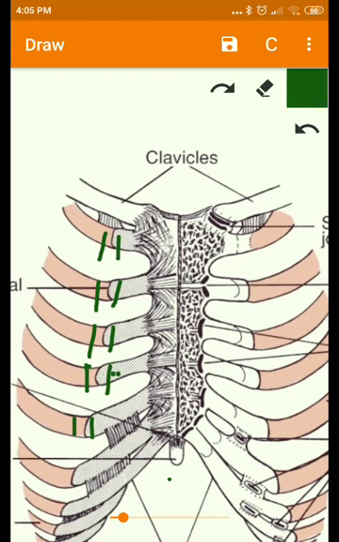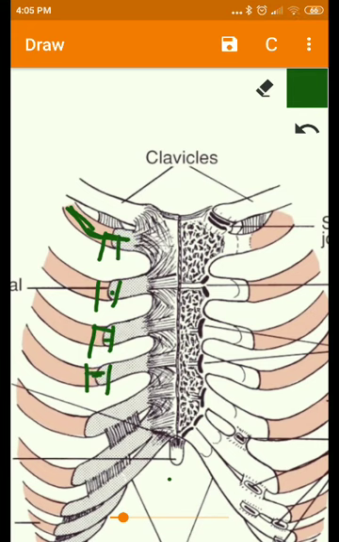Now we'll see, each rib is continuous anteriorly with its cartilage to form a primary cartilaginous joint. So all these are primary cartilaginous joints.